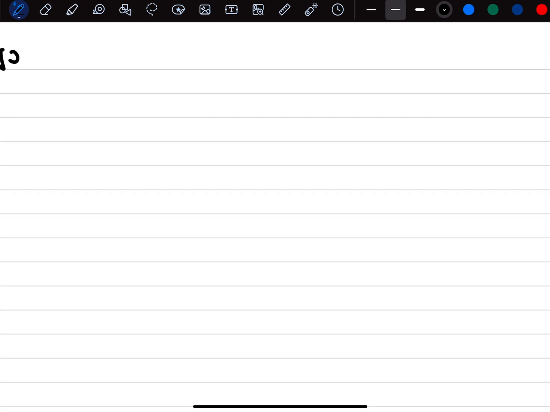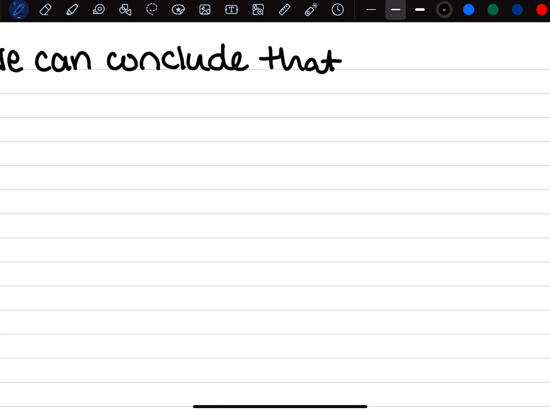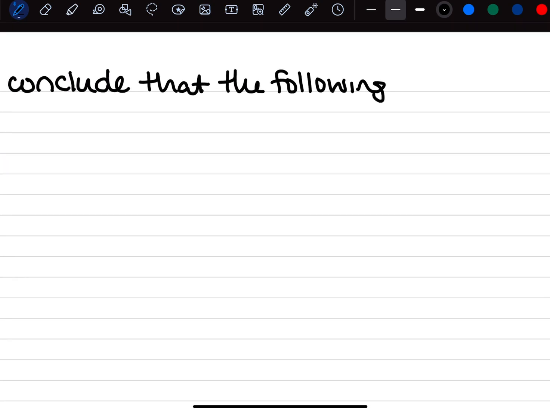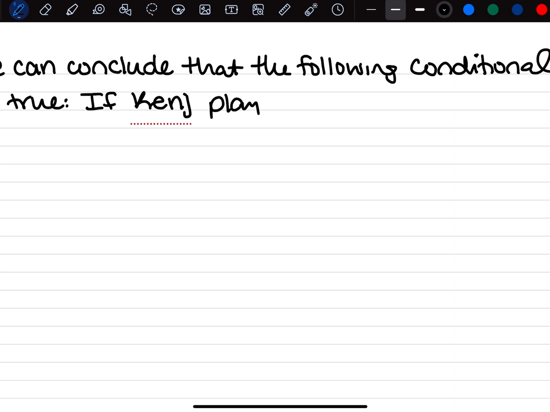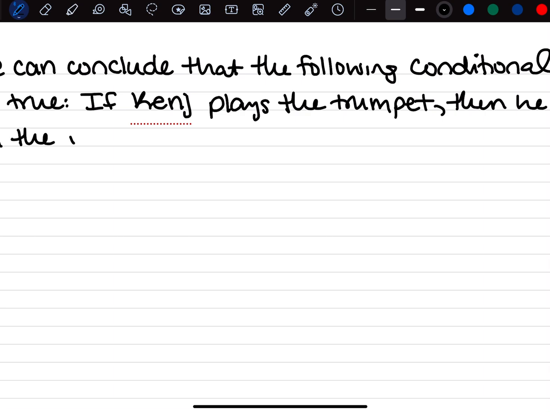We can conclude based off this that the following conditional is true: if Kenji plays the trumpet, then he is in the marching band.